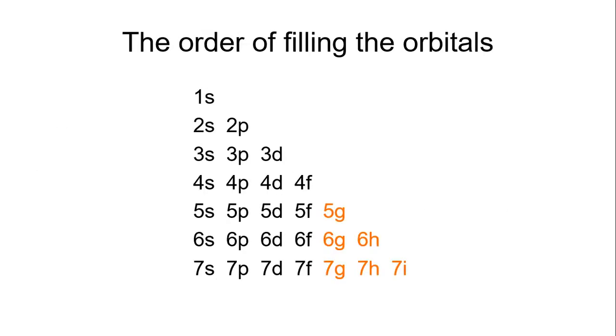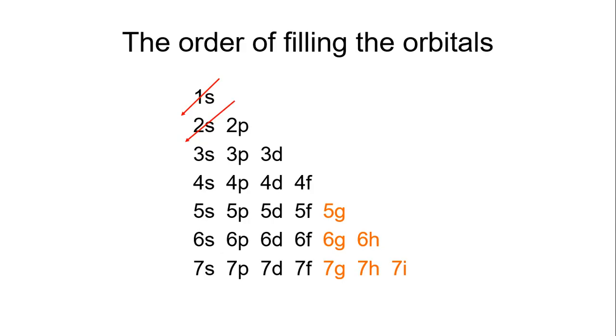So how do the orbitals fill? Well, this is a very, very good representation, a good tool to remember the order. So when filling up the electrons in an atom, the first 2 electrons are going to be in the 1s. The next 2 electrons are going to be in the 2s. Notice the diagonals.